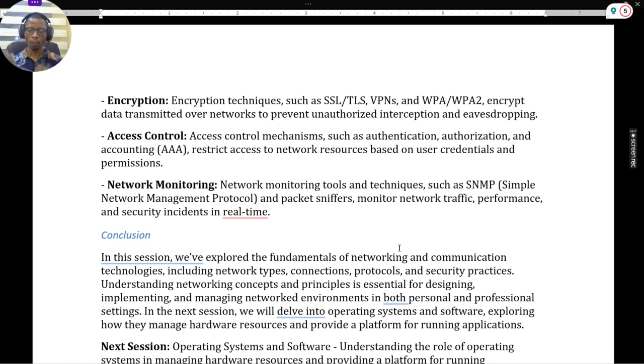These are things that are used to monitor the traffic, to know what comes in and what goes out, and it helps security professionals to do their work effectively. It also helps the bad guys to do their work too, the other way around, depending on who's best, who can do the job better.